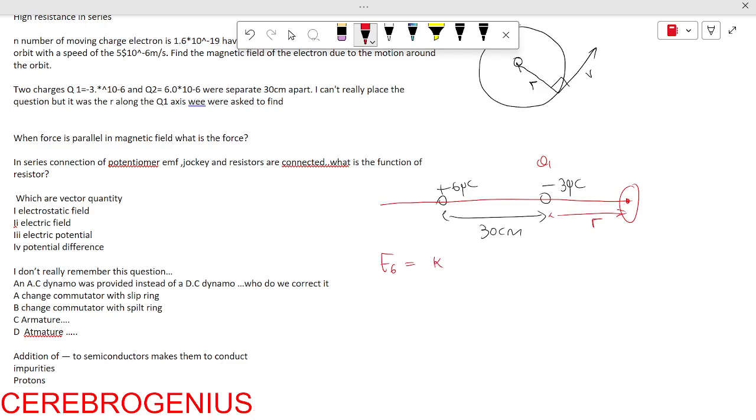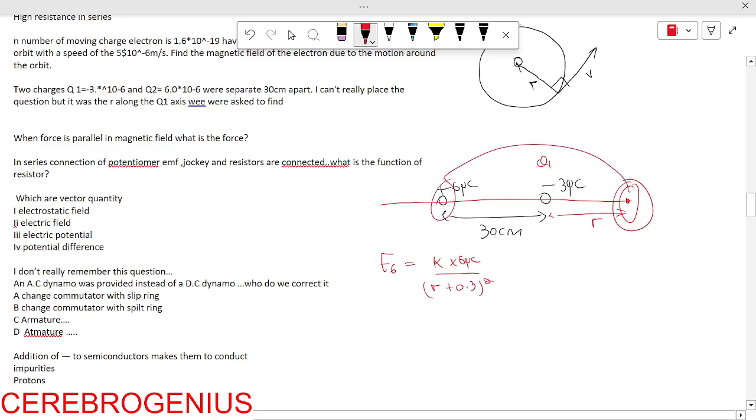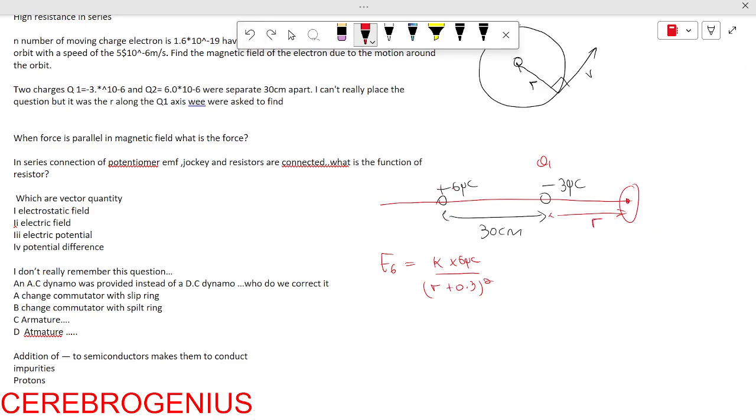So that's K multiplied by 6 microcoulomb over R squared. Now the distance will be R plus 0.3, squared. That's the distance from here all the way to this point, so you sum those two distances. While E3 would be what?